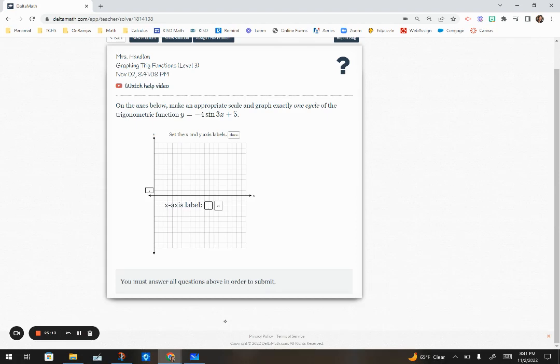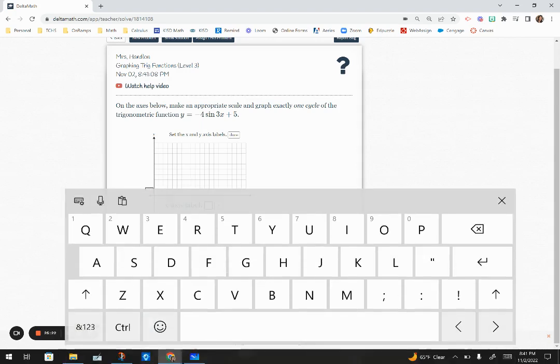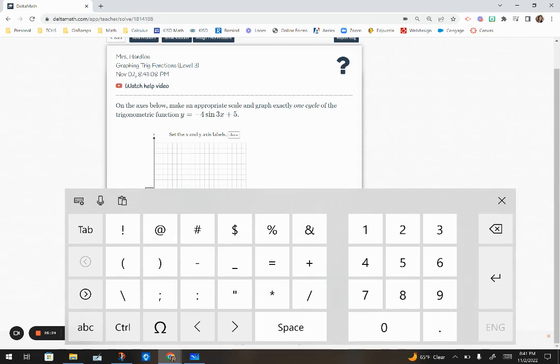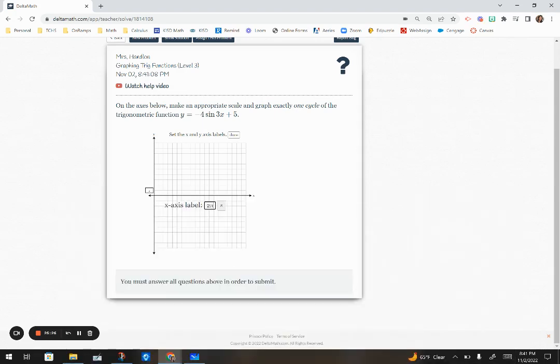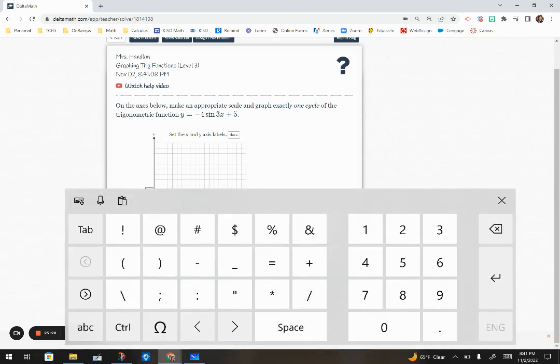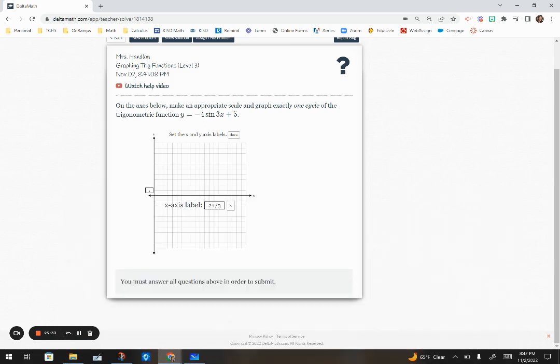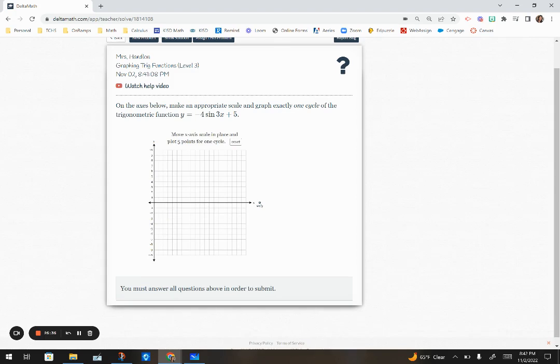Our b value is a 3. So I'm going to do 2 pi over my b value. And so it's just going to be 2 pi over 3. And it's just going to be that because 2/3 can't reduce or anything like that.